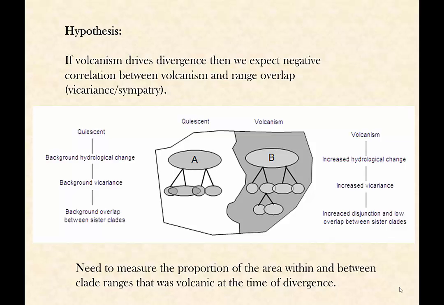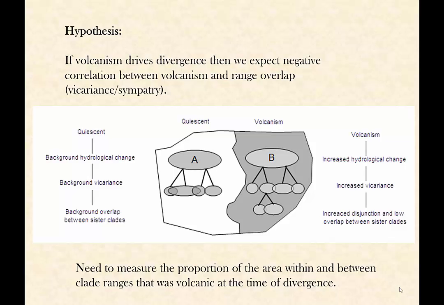So basically, where you've got no volcanism or low volcanism, there's a background rate of diversification by vicariance. Remember, vicariance produces ranges that are not in the same place, rather than sympatric, in the same place.